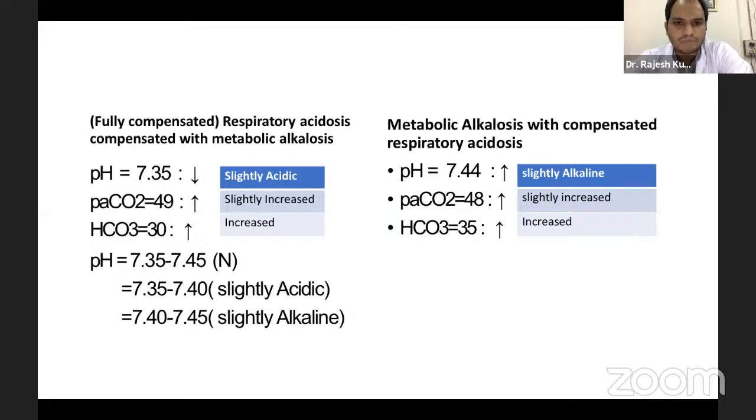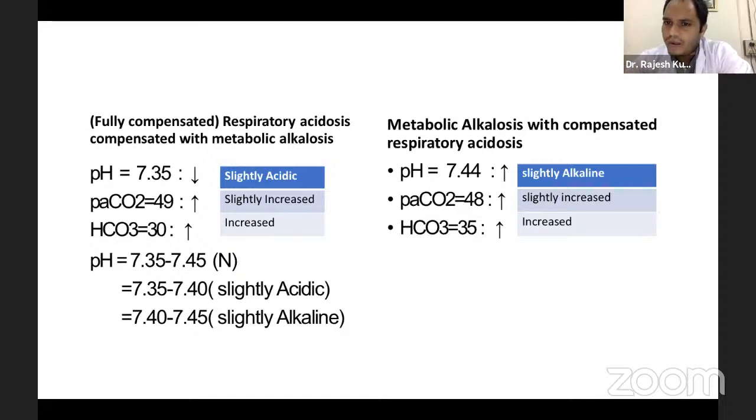What is respiratory acidosis compensated with metabolic alkalosis? Now same here, pH is near normal, less than 7.45, so it is fully compensated. And what is this showing? PCO2 is in a rising trend. Bicarb is rising, so both in the same direction.